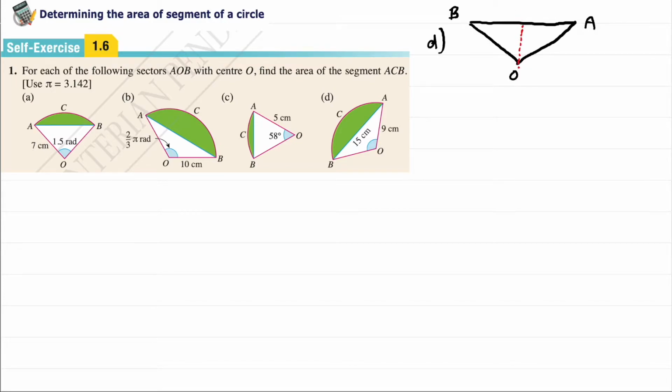So when I divide this into 2, of course the length here is also divided into 2 equal lengths. So if AB is 15, if I divide by 2, I will get here 7.5 and this one also 7.5. Now, if the length is divided, the angle also is going to be divided.